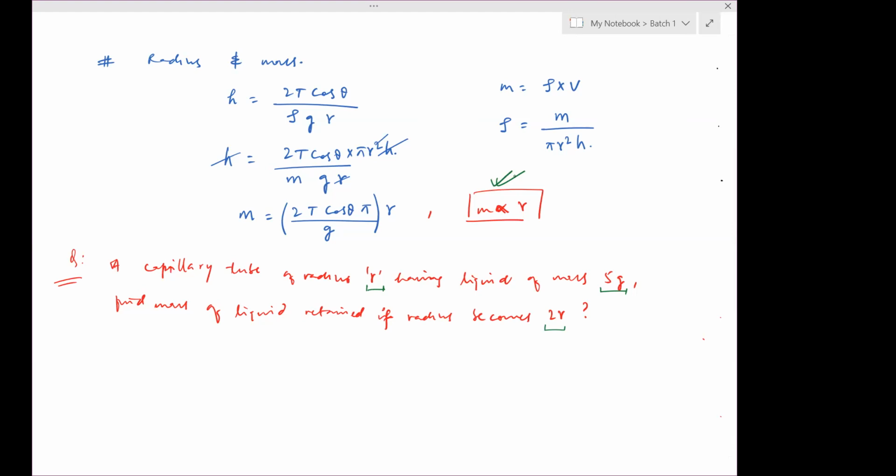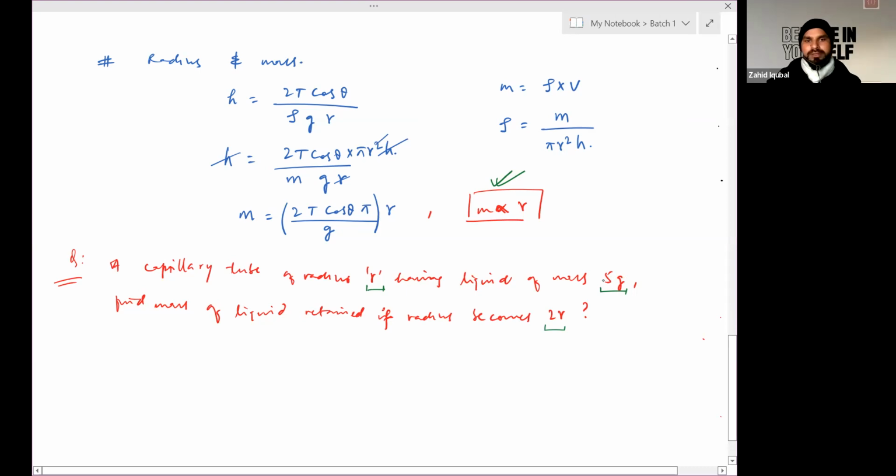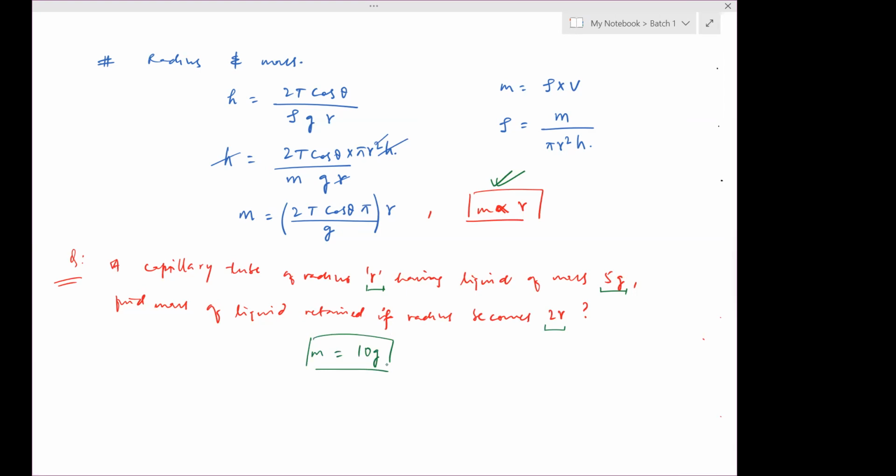It will get doubled. Good. So initially it was 5 gram. On increasing radius, mass will also increase. So the new mass will become 10 gram. Salman, is it clear? Yes, sir.